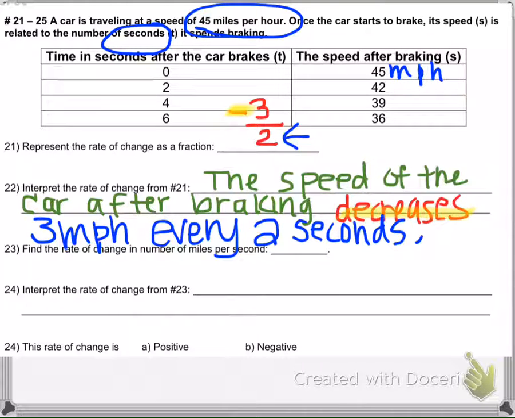Okay, then it says find the rate of change in number of miles per second. So instead of 2 seconds, it wants to know in 1 second. So if we do 3 divided by 2, we'd get 1.5. Negative, since it was a negative, -1.5.